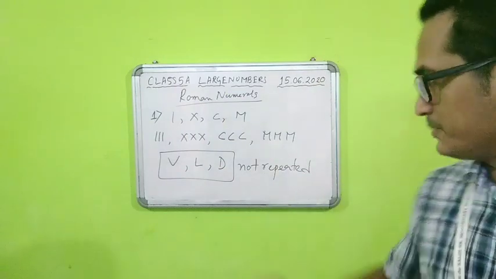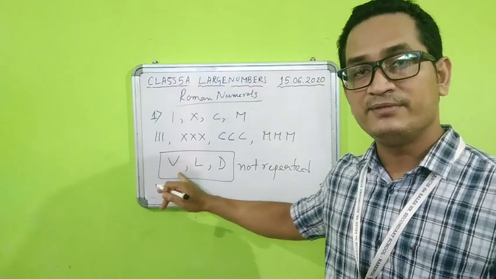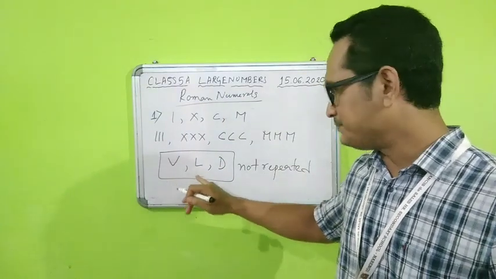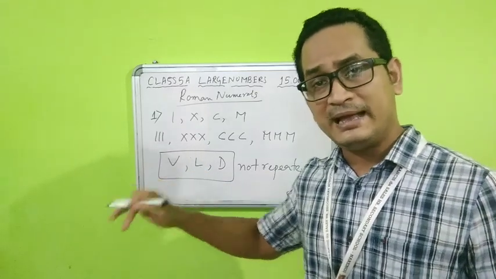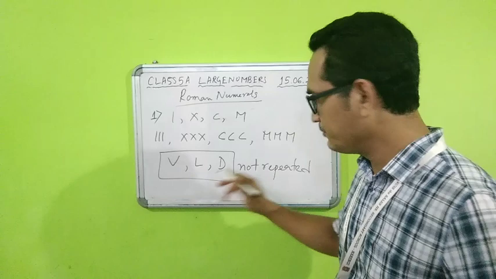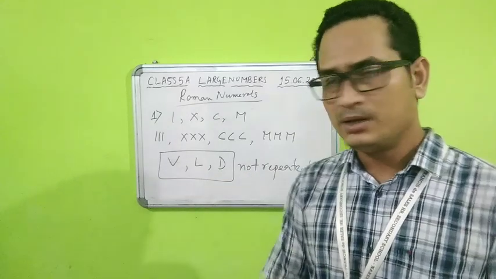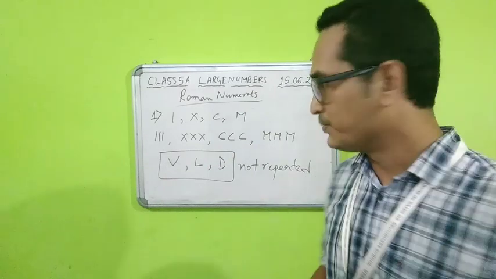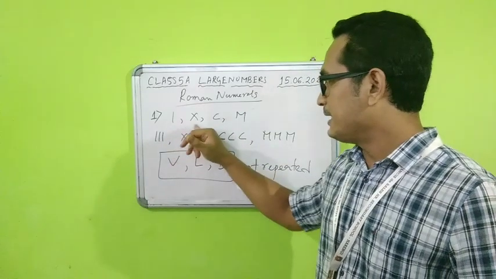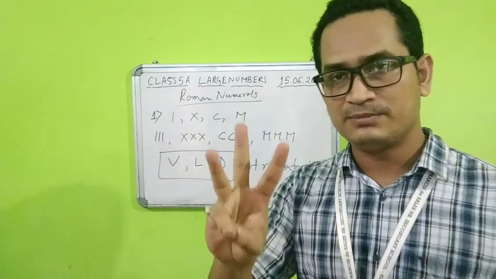That means you cannot write VV or VVV. You cannot write LL, or even LLL. Similarly with D also. So remember that these 3 symbols are never repeated, not even 2 times. Only the symbols I, X, C, M can be repeated, and they can be repeated maximum 3 times.